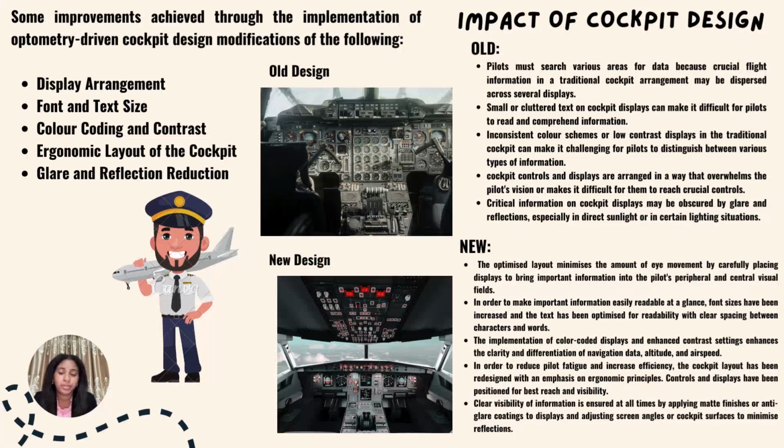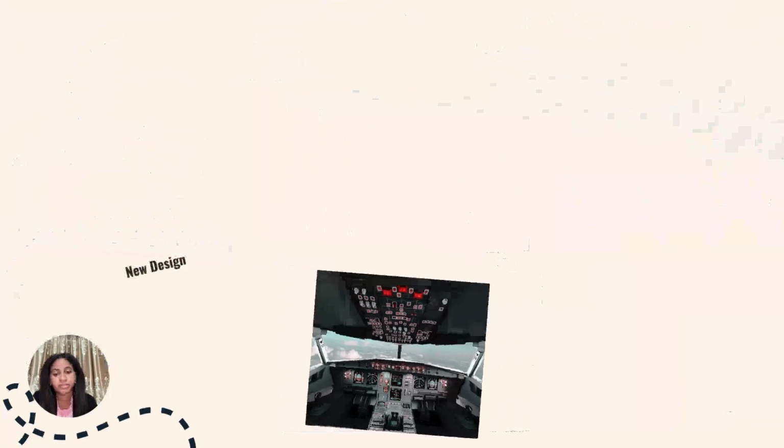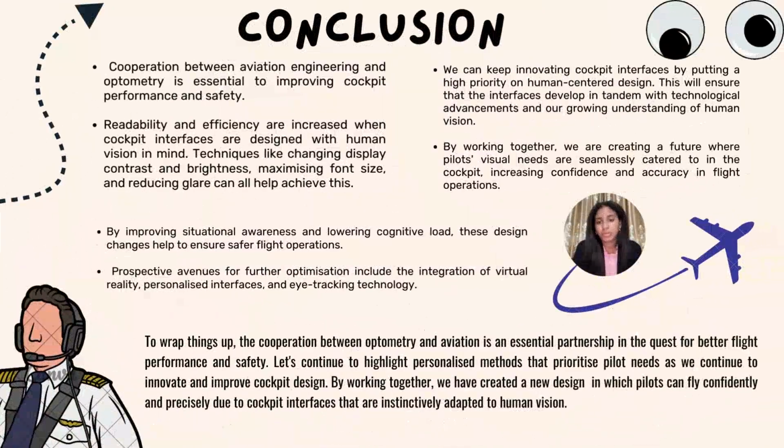When you compare it to the older design, the new design is ergonomically more comfortable and less difficult for pilots in crucial situations. In conclusion, cooperation between aviation engineering and optometry is essential to improving cockpit performance and safety.